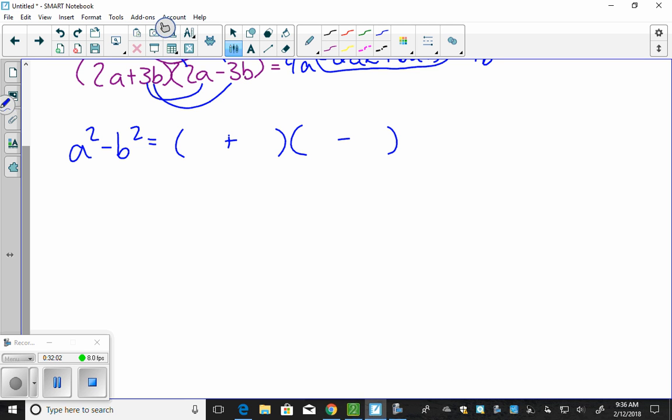It doesn't matter if it's a plus minus or a minus plus. Ask yourself: what number do I square to get a squared? A. It's not 2a, because 2a squared is 4a squared. What number do I square to get b squared? B goes in back.